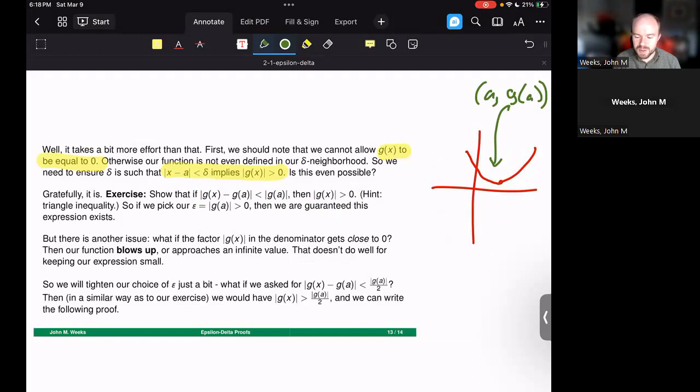If the distance between g of x and g of a is less than the absolute value of g of a, then the absolute value of g of x has to be greater than 0. Think about it this way. That value of the absolute value of g of a is the distance between that value and 0. So where can g of x be? It can only be anywhere inside of this window. It can't go lower than that point.